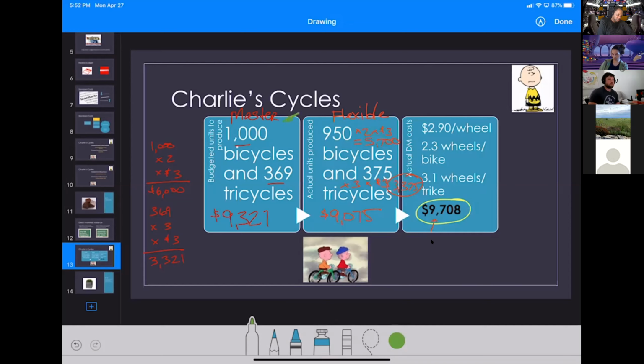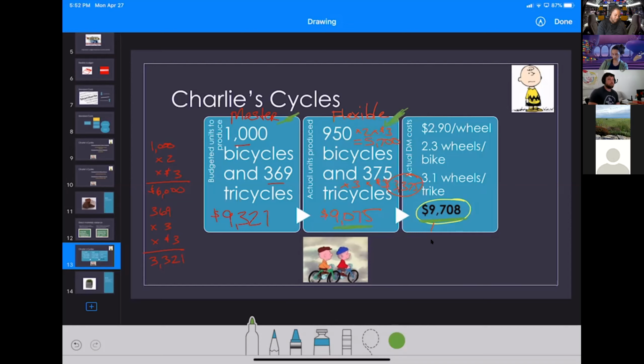And so we did that over here at the master budget, and then we also did it for the flexible budget. So we were expecting to spend $9,075, but we actually spent $9,708. So what's our variance?